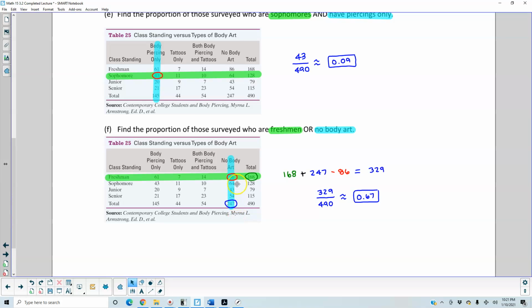Now remember, we cannot add 86 twice for both the row and the column, so we have to subtract one of them. So we take 168 plus 247 minus 86, which equals 329. 329 divided by 490 gives us approximately 0.67. So 0.67 represents the proportion of those surveyed who are freshmen or no body art.